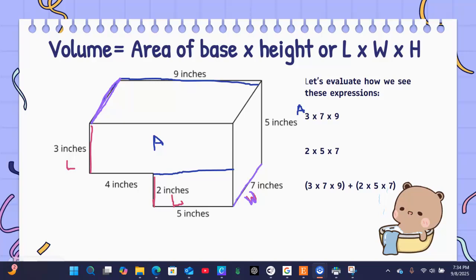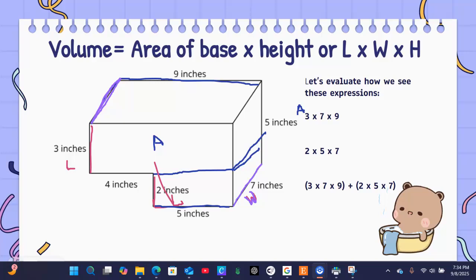But either way, as you can see, we still have the same numbers. 5, change it to blue. We have 2, 5, and 7 as our measurements. So if we go straight across, that would be prism B.